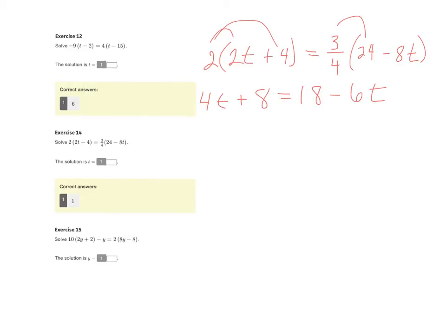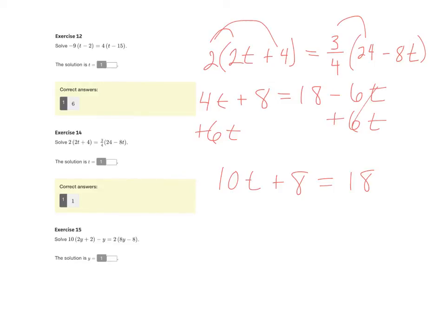My options, I have 4t and negative 6t, so I could minus 4t from both sides, but that would leave us negative. So I'm going to add 6t to both sides. I got add 6t, add 6t, that gives us 10t plus 8 is equal to 18.